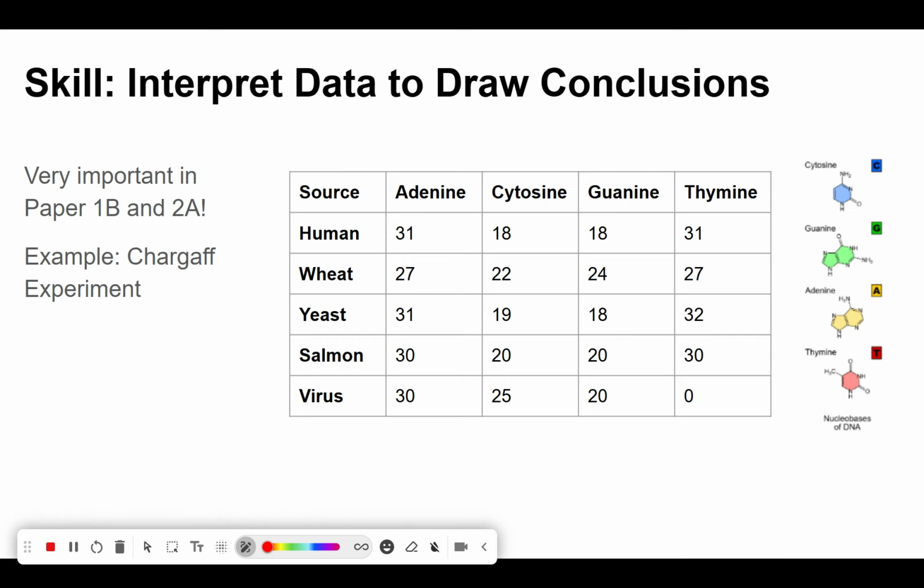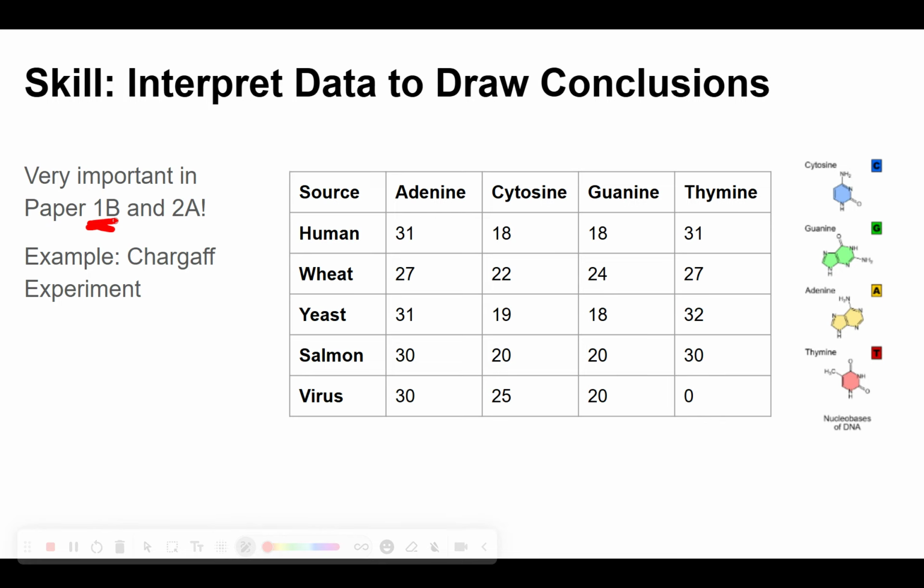Being able to interpret data that is given to you and draw conclusions from it is super important in both the paper 1B and the paper 2A. There are now 4 data-based questions in paper 1B, and there's a big long data-based question in paper 2A. So the data that I thought that we could look at to draw conclusions is the data from an experiment from a scientist called Erwin Chargaff.